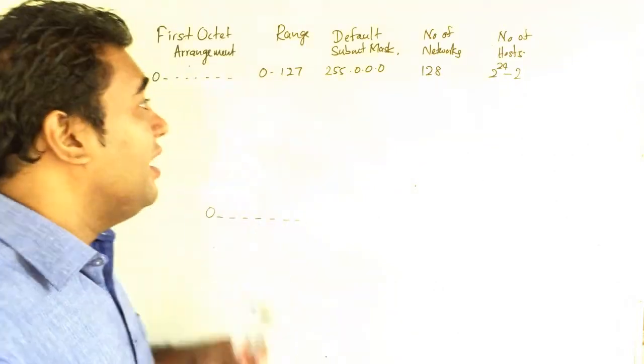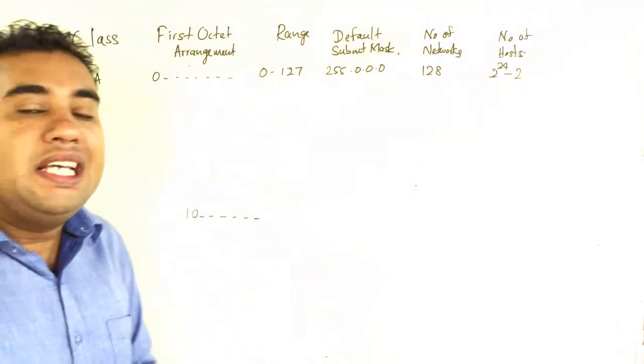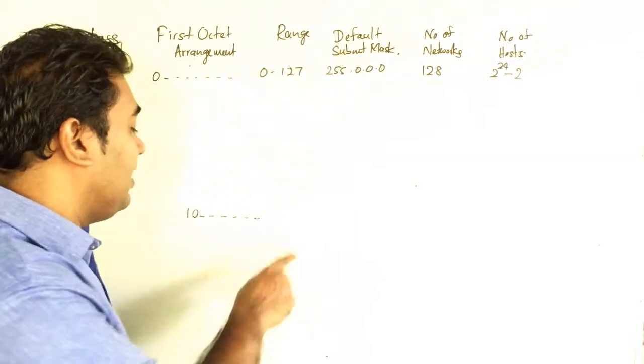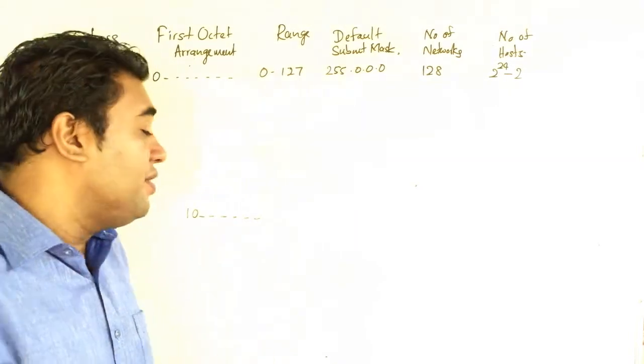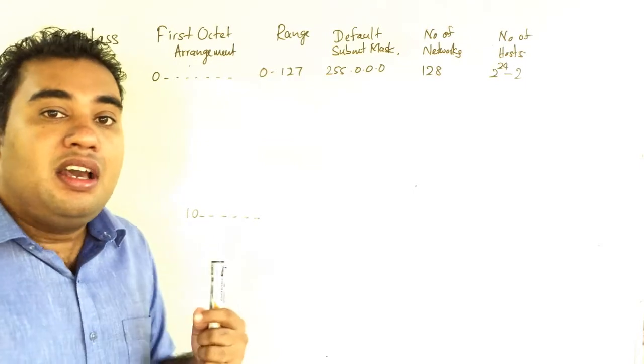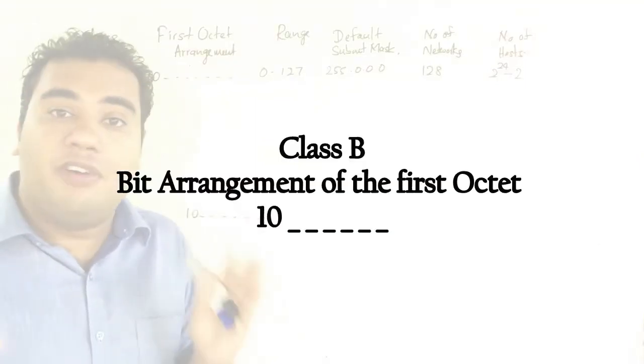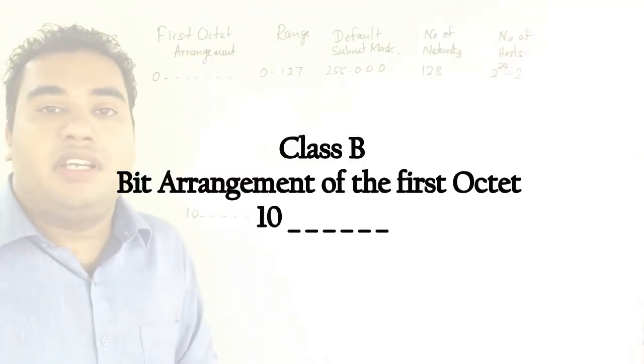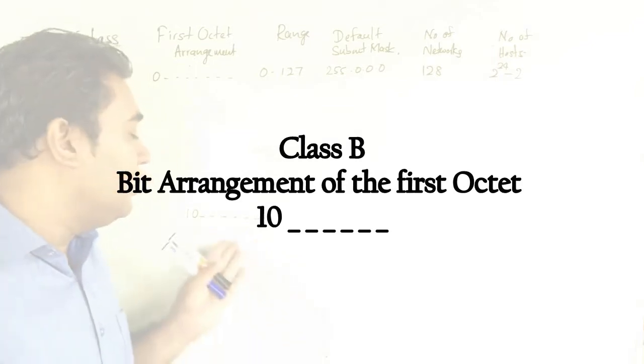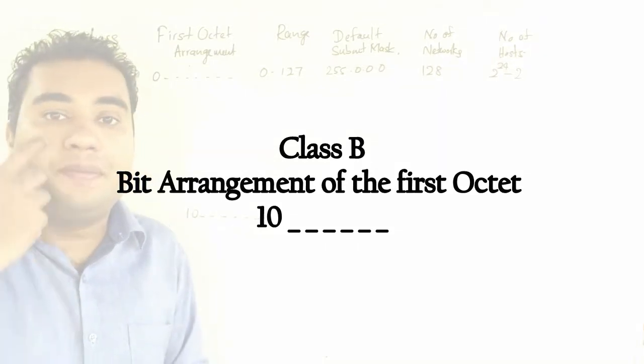Okay, then class B. In class B IP addresses, the arrangement of the first octet is something like this. The first 2 bits should be 1 and 0. Then after that you can take any value for the remaining 6 bits.